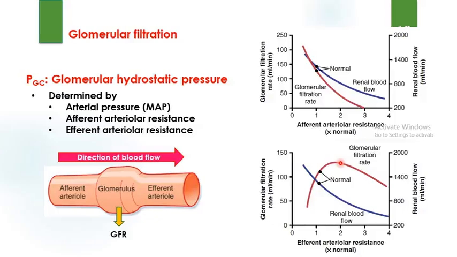But after that, as we increase the resistance of the efferent arteriole more, the GFR will then decrease due to reduction of blood flow to the kidneys.